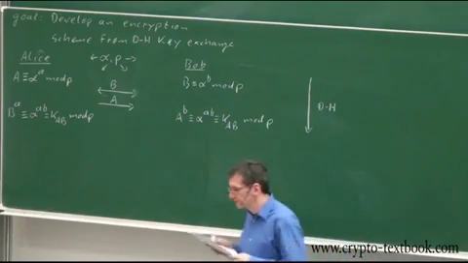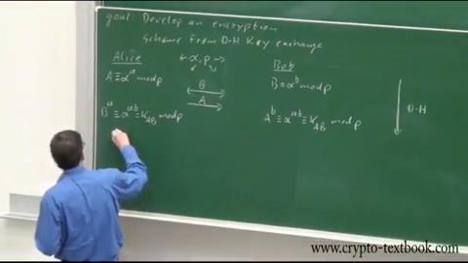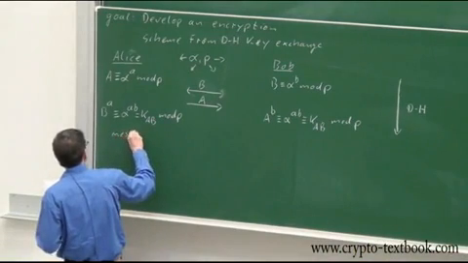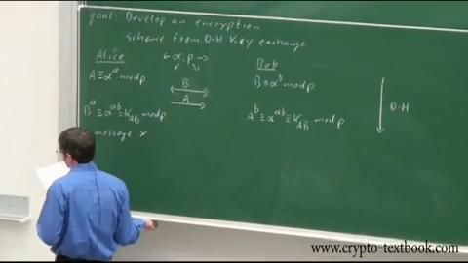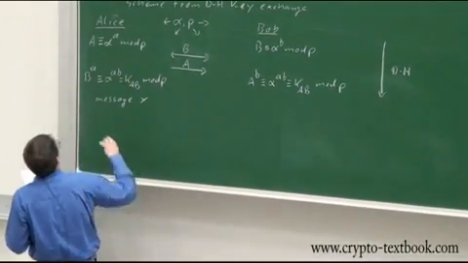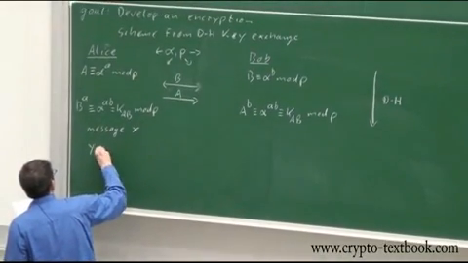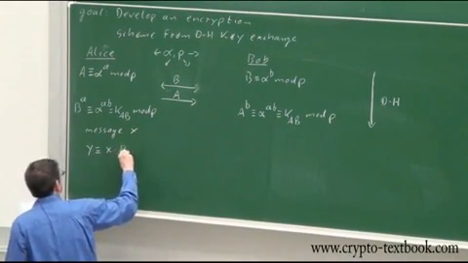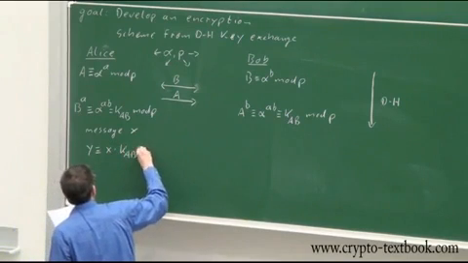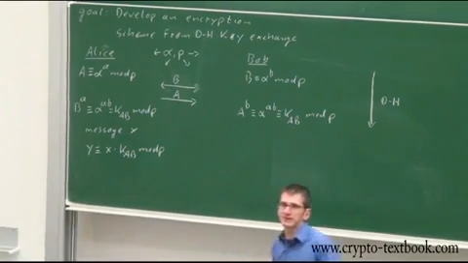Okay? This is what we're going to do here. So we now have a message, or plaintext X. If Alice wants to encrypt, she computes the ciphertext Y as follows. She takes X and she just multiplies with that. Okay?